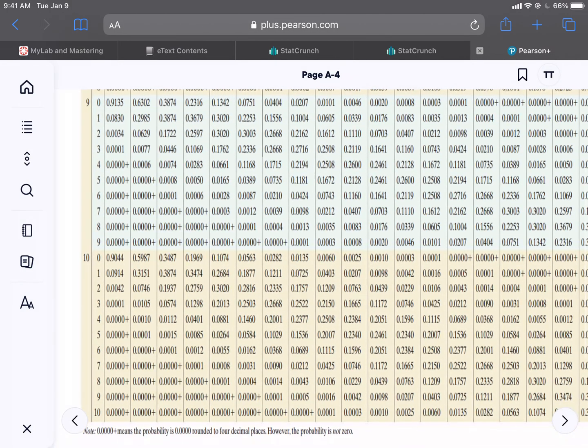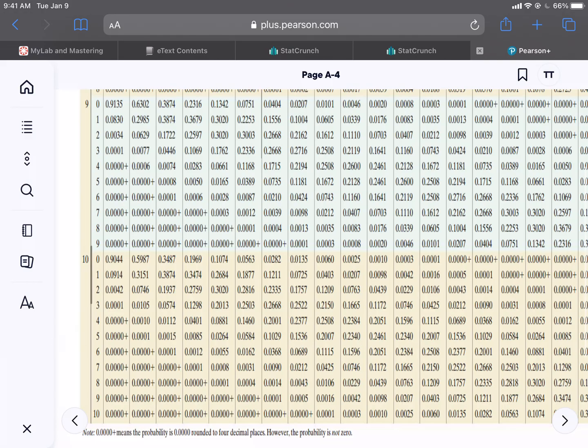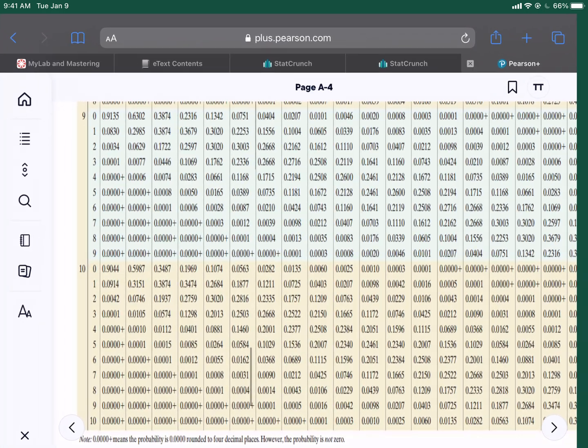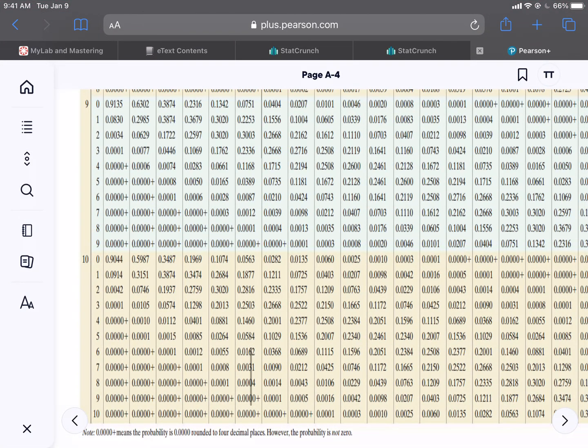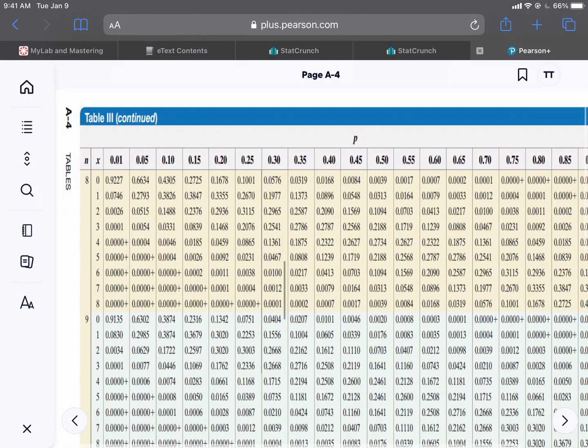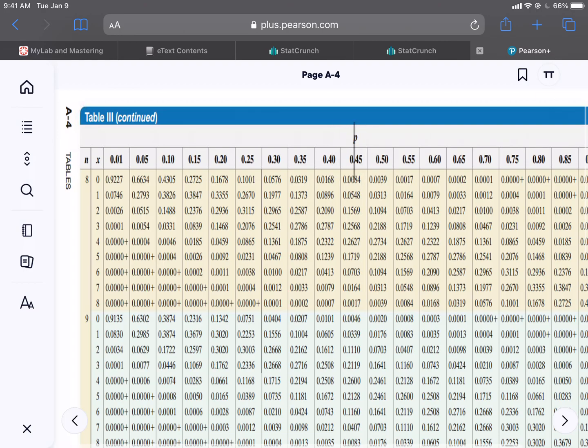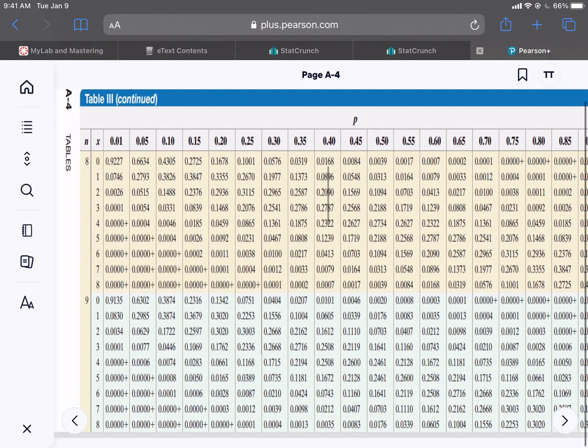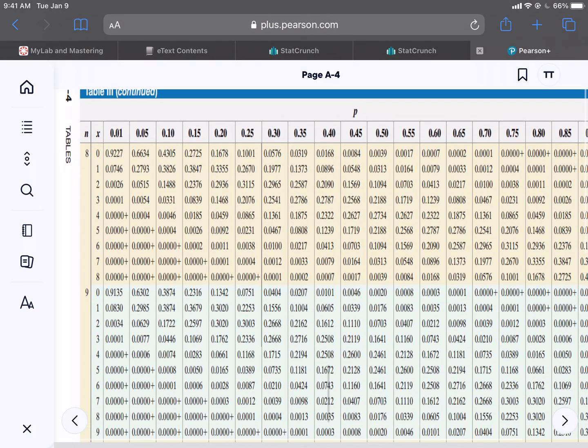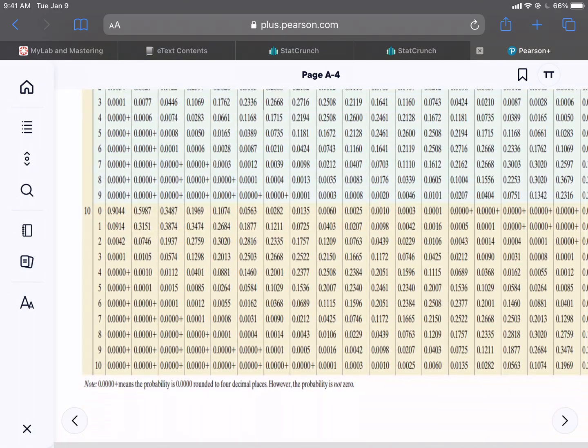So when n is 10, I'm looking at all these values down here. Okay? So then at the top here, this is our probability of success. So ours was 0.4. So I'm going to be looking at this column, and I'm going down. And then I'm looking when x is 3.